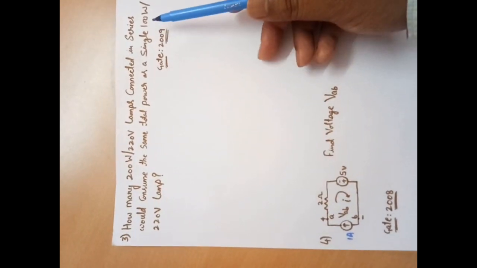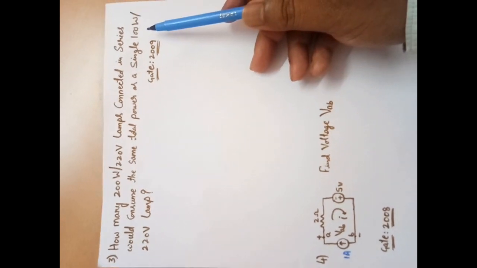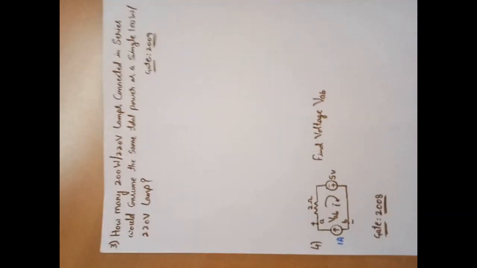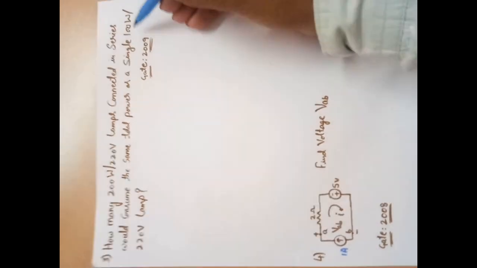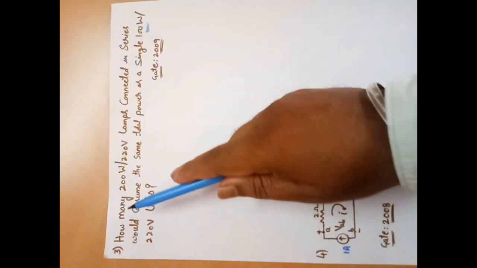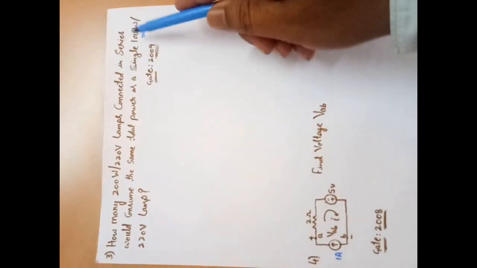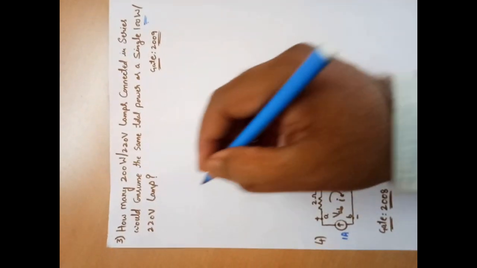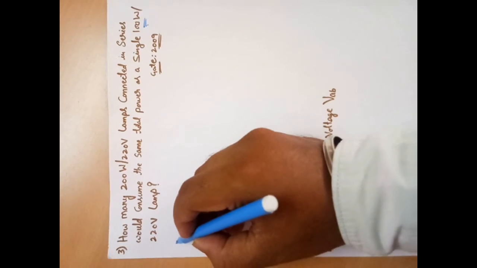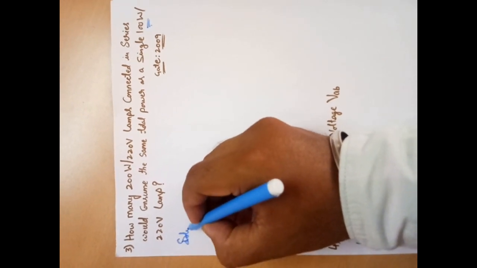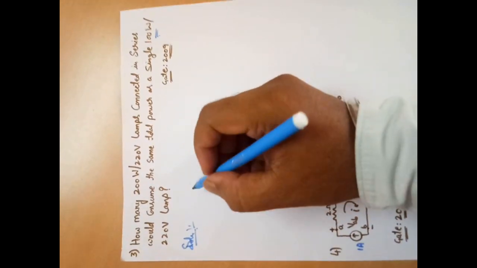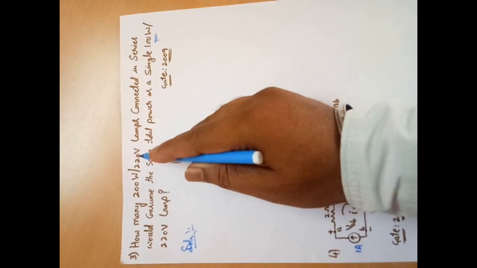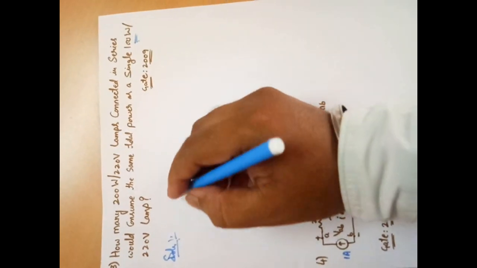Whatever the power consumed by a single 100 watt lamp will be generally 100 watt. Now the question is, how many 200 watt 220 volt lamps should be connected in series to consume this much power? First, we need to find the resistance of the lamp. So for a 200 watt, 220 volt lamp, let me find the resistance.